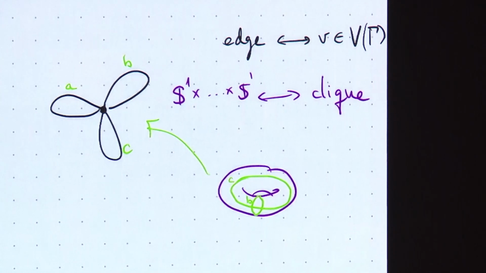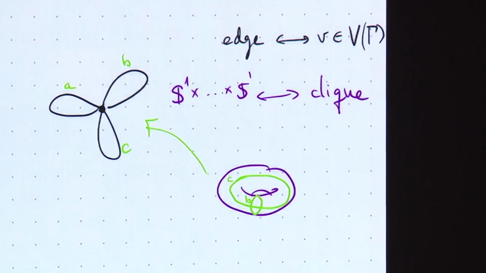Is this a cubical complex? It's a cubical complex, right? Cut this thing along the green, and you'll get a square. So really what I did is I took a square.